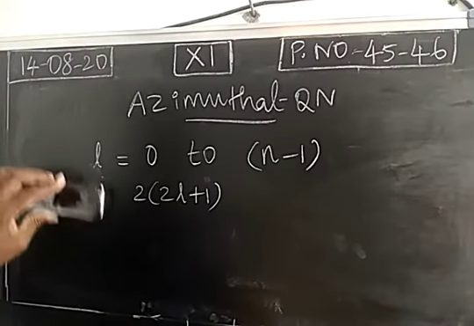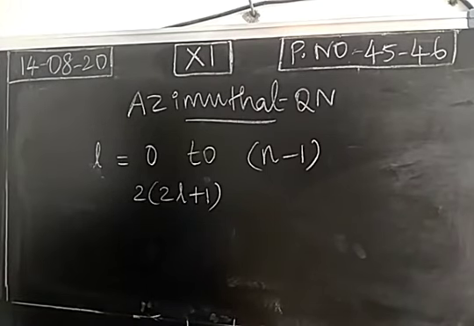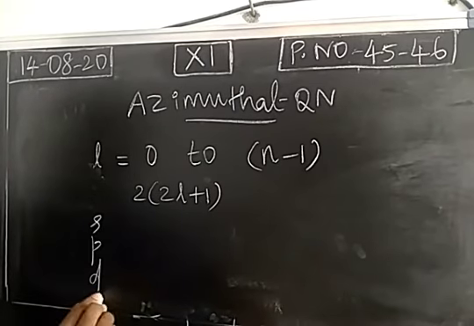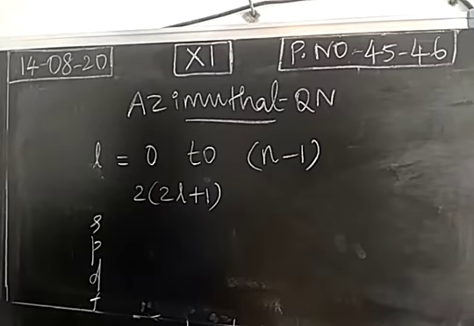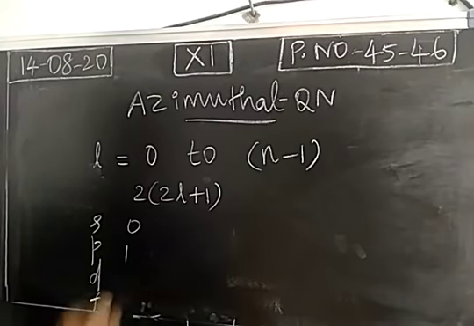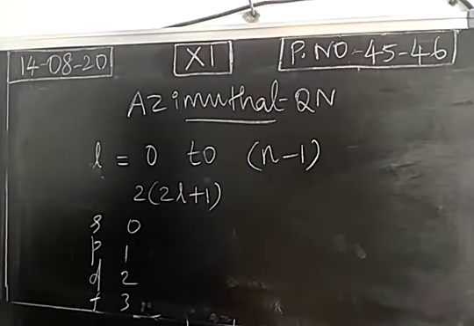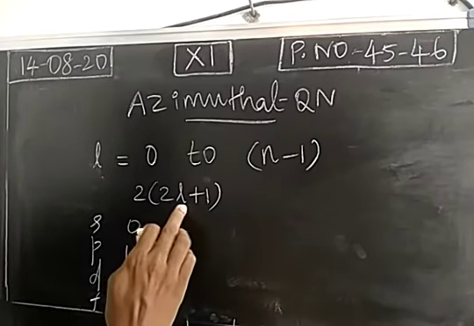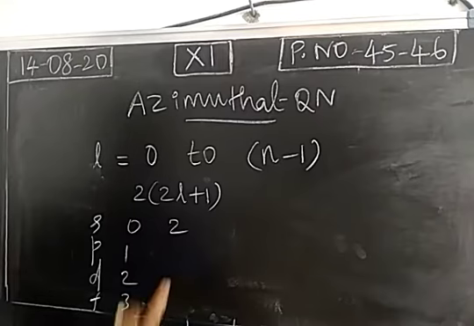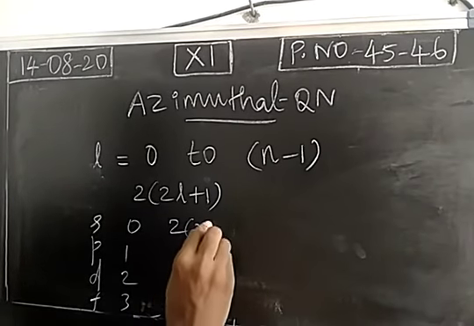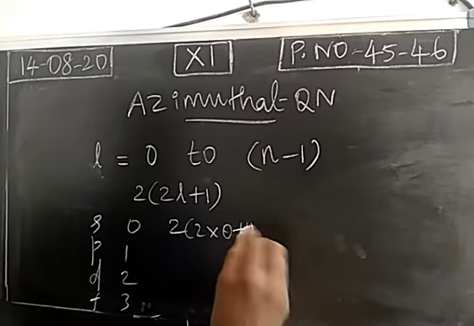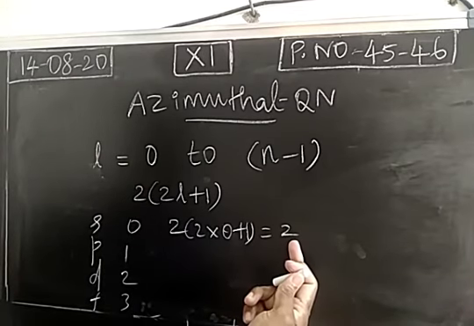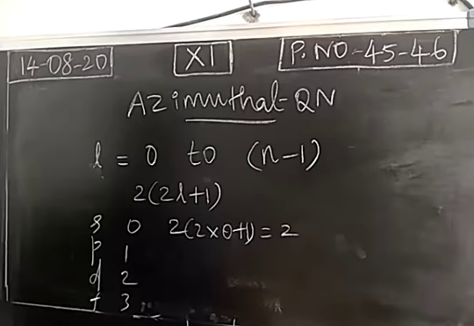Now this is the formula to calculate the number of electrons in one subshell. What are the subshells? S, P, D and F. What about the azimuthal quantum number values? 0, 1, 2, 3. Substitute the value. Instead of L, substitute 0, and the answer will be 2, isn't it? So how many electrons can be present in the S subshell? 2.